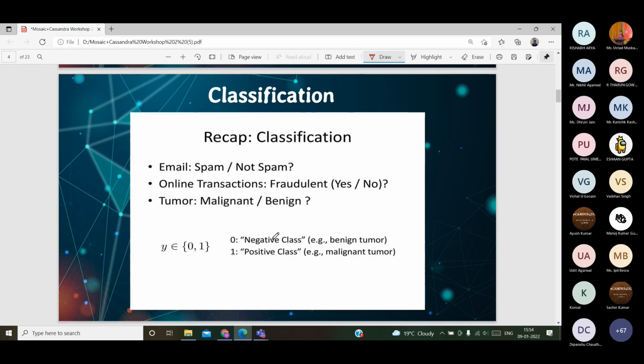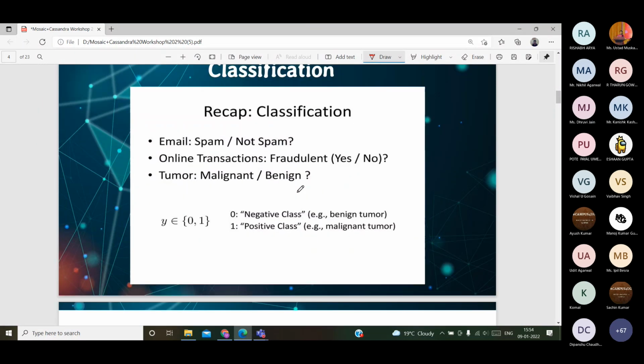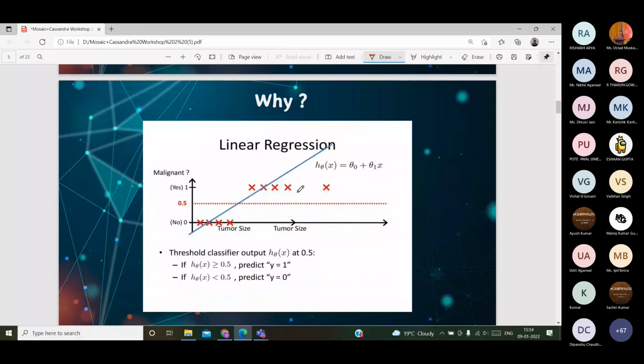So logistic regression deals with classification. In linear regression, we deal with a lot of values, not just 0 and 1. But in logistic regression there is binary classification and also multi-class classification, but it is classification, not regression. So this is all about logistic regression.